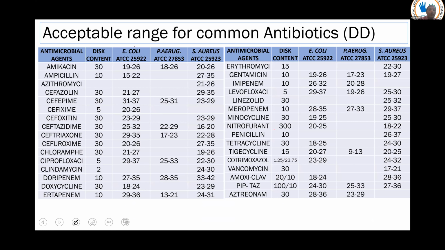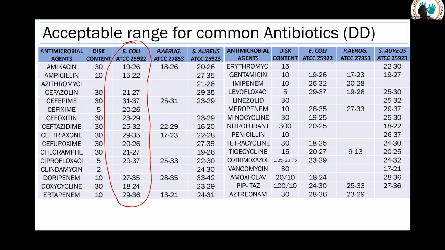again a point to be remembered: do not take the clinical breakpoint to measure the sensitivity or resistance pattern of the QC strain. Okay, when you are testing the QC strain against the antibiotics, there are acceptable QC range zone diameters.